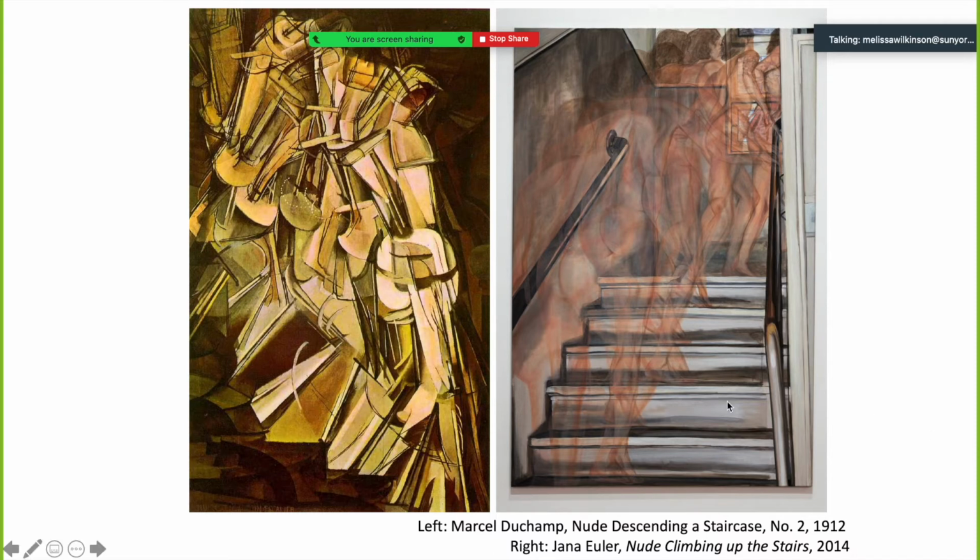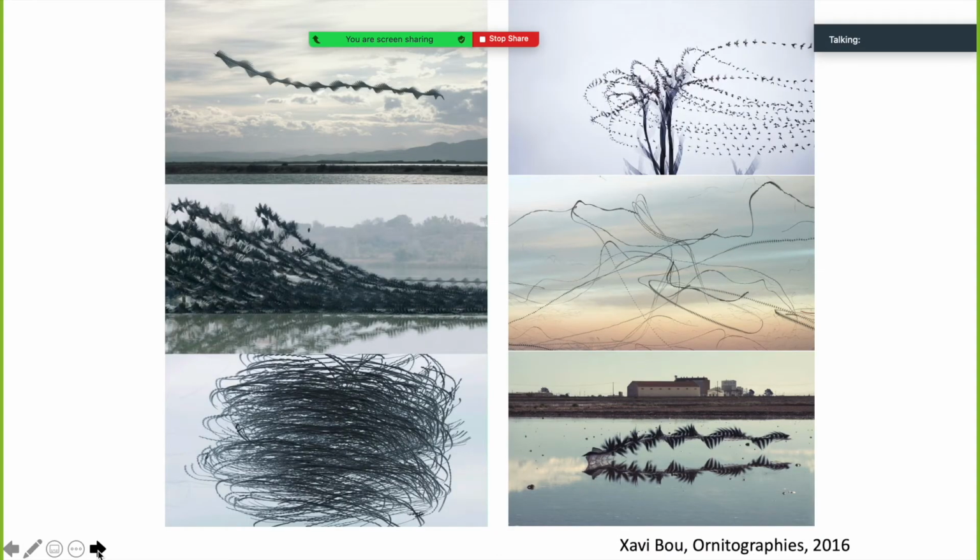And then we have the further influence done by Jana Euler of Nude Climbing the Staircase. So we have this movement and this notion of movement continuing well into the 20th and 21st centuries. Here we've got a series of photographs done by Xavi Bou, called Ornitographies. Now, like ornithography, this is the study of birds.